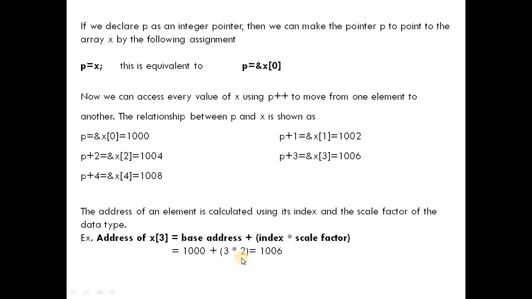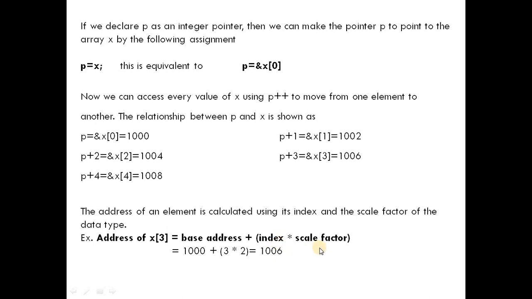To store one element we require 2 bytes because it is of type integer. So 3 into 2, 6, plus 1000 equals 1006. You can see over here the address of x of 3 is 1006. So using this formula, we can calculate the address. You only need to know the base address, the index and the scale factor.